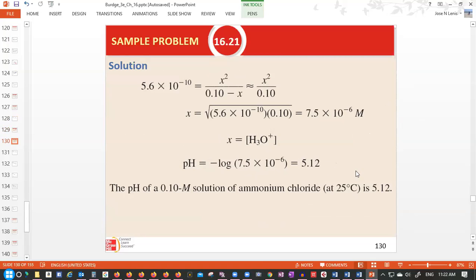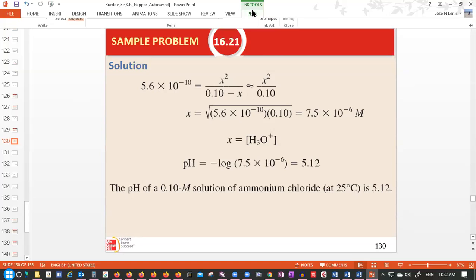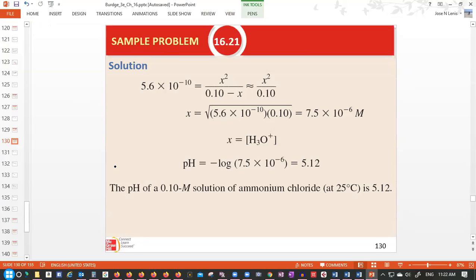And don't leave it there. You need to write the answer. So the pH of a 0.10 molar solution of ammonium chloride at 25 degrees Celsius is 5.12. Your answer must match the question.